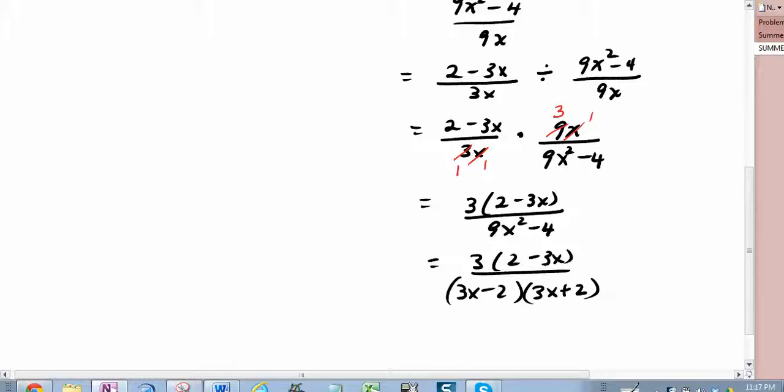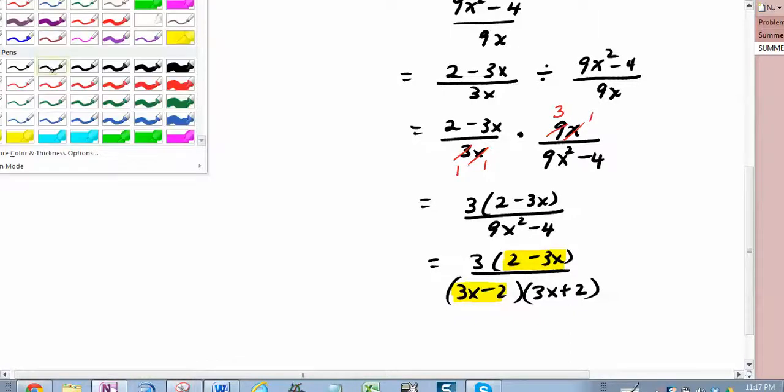And I look and I go, oh gosh, I still can't cancel. But you know I can. If you have a look at 3x minus 2 and 2 minus 3x, you will notice that even though they are not the same, there is a connection between them.